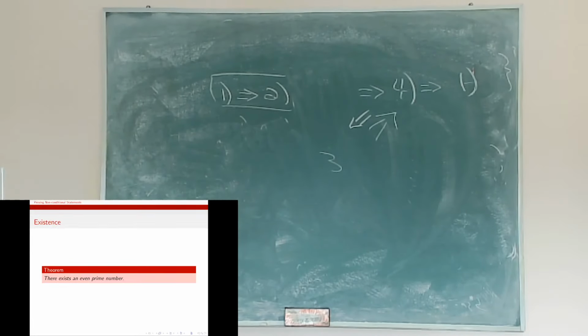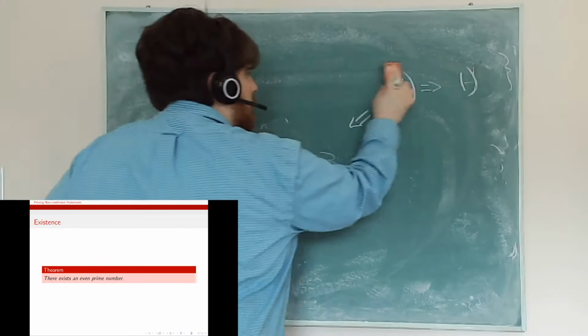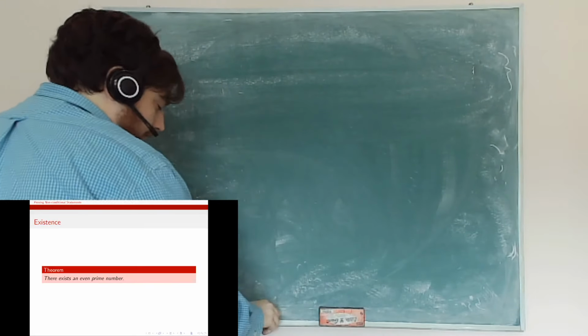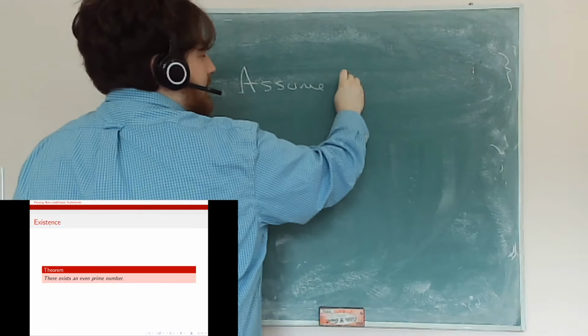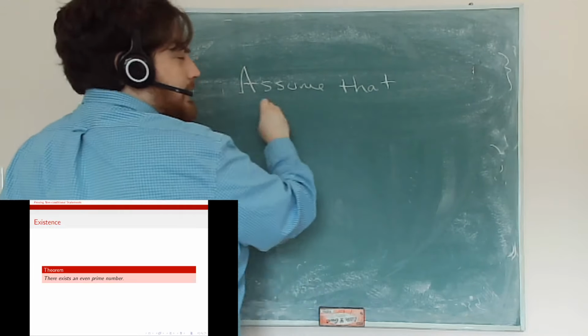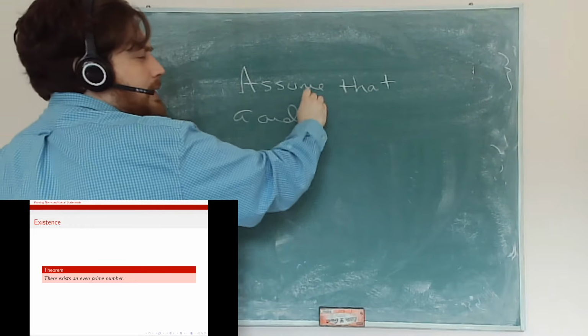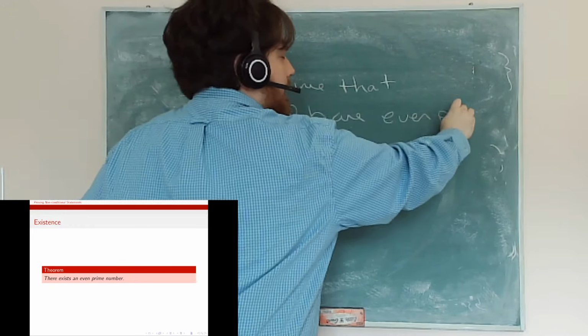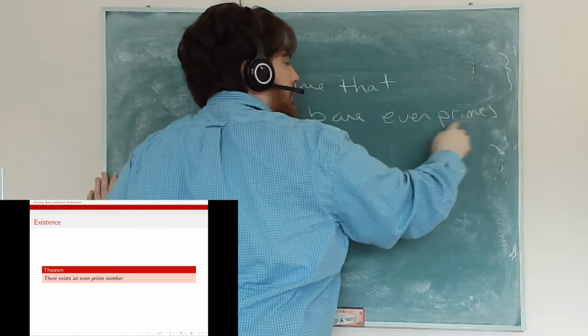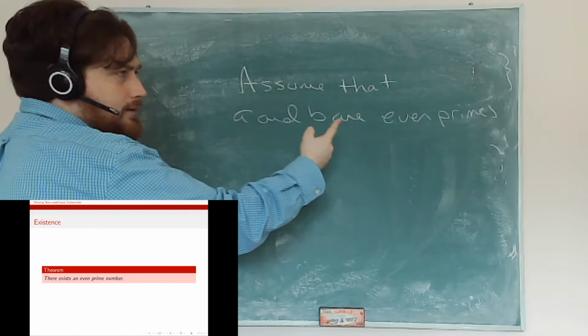what I'm going to say is, assume that A and B are, in this case, even primes, but in general it could be anything.